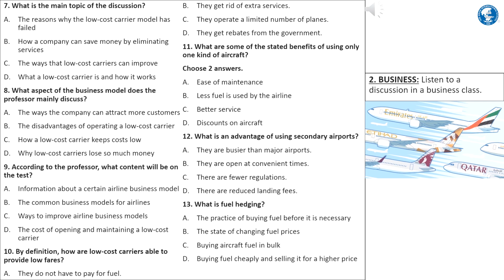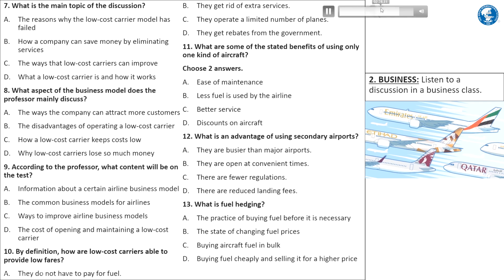7. What is the main topic of the discussion? 8. What aspect of the business model does the professor mainly discuss? 9. According to the professor, what content will be on the test? 10.